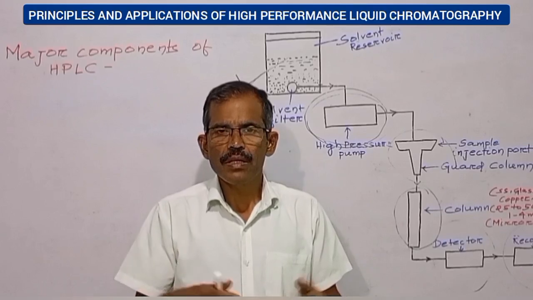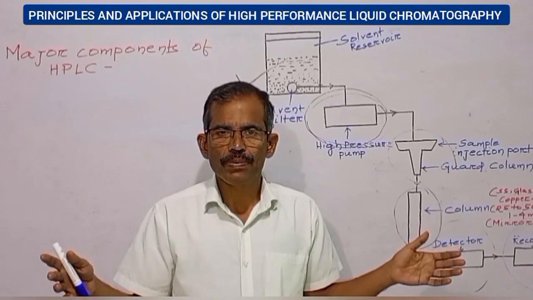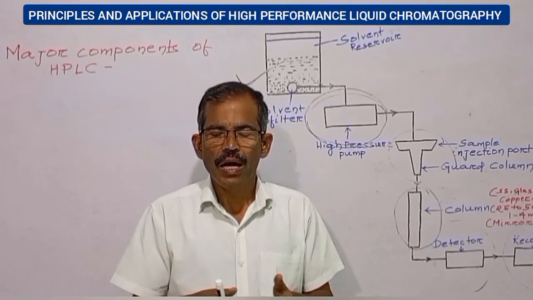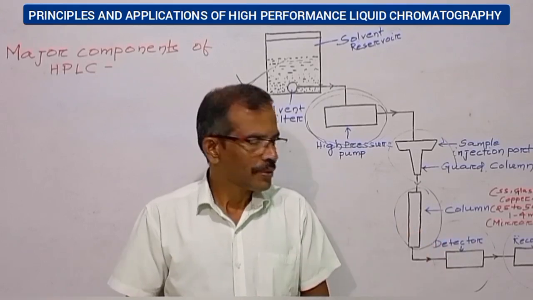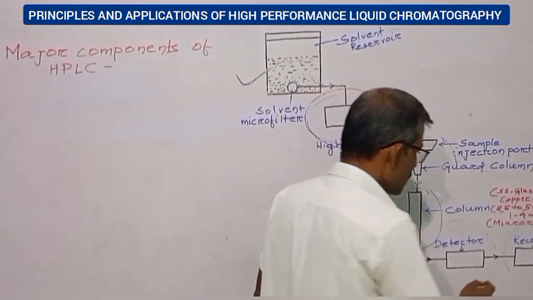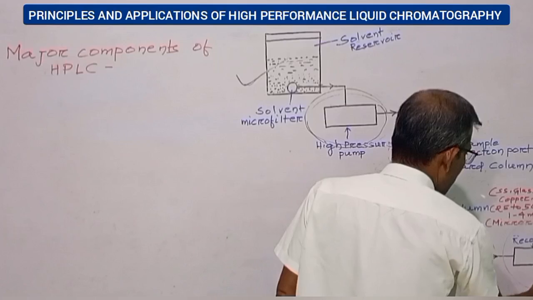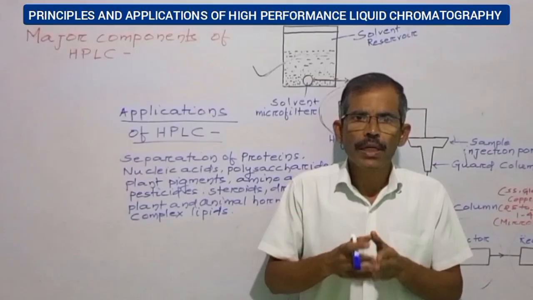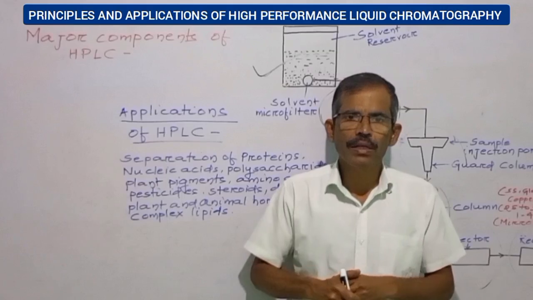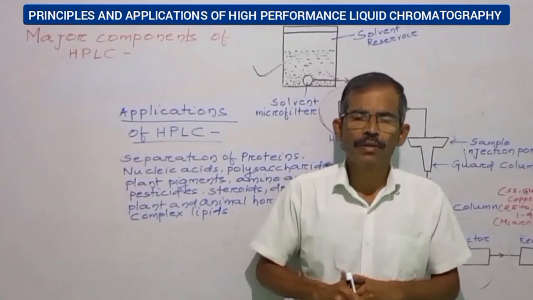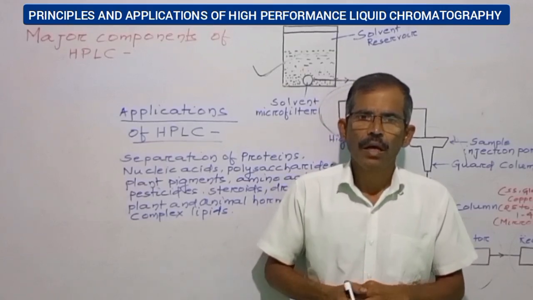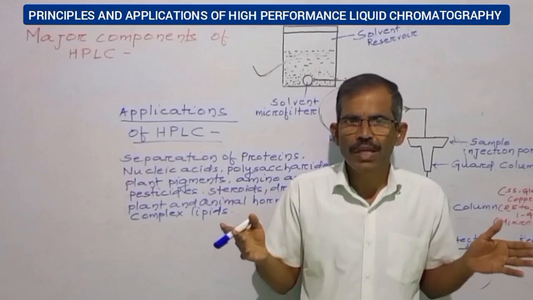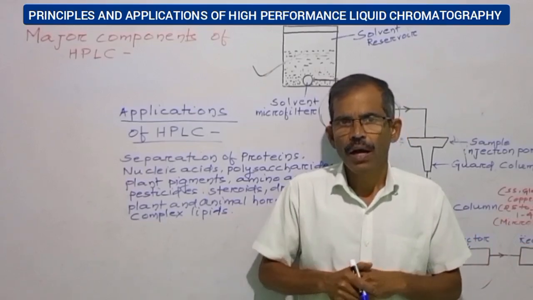The detector reads the concentration of sample components as they come out of the column. The last component is the potentiometric recorder that produces the chromatogram. In addition to this, refractive index monitor and fluorescence detector are also available with the HPLC system.